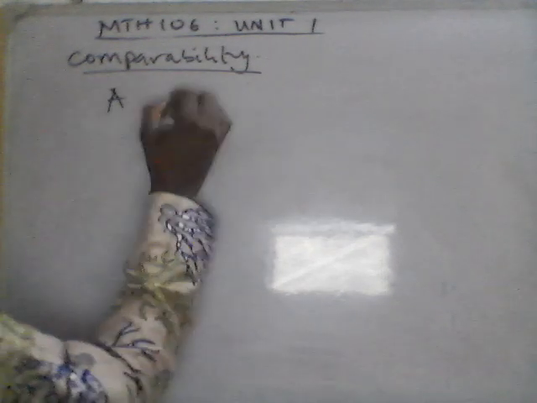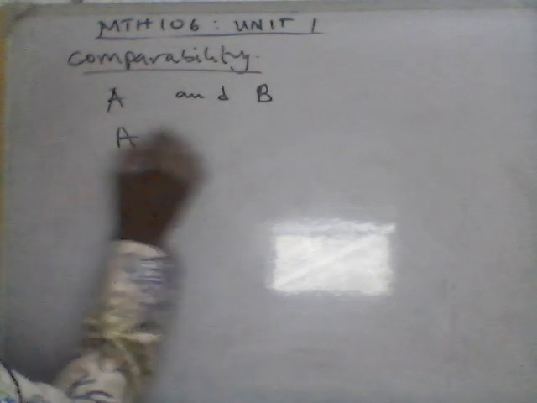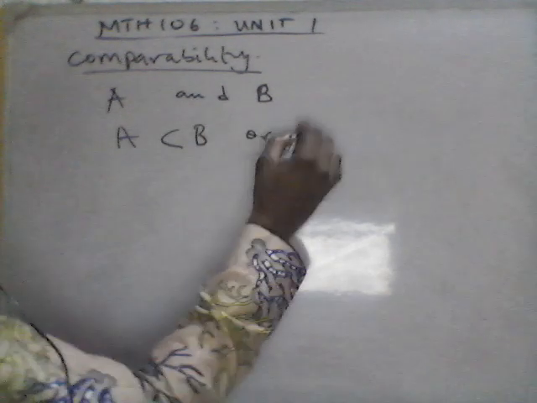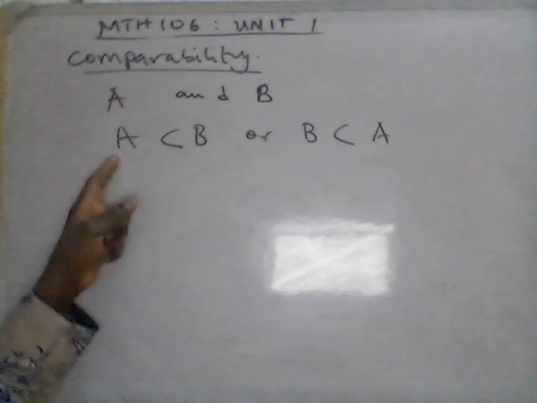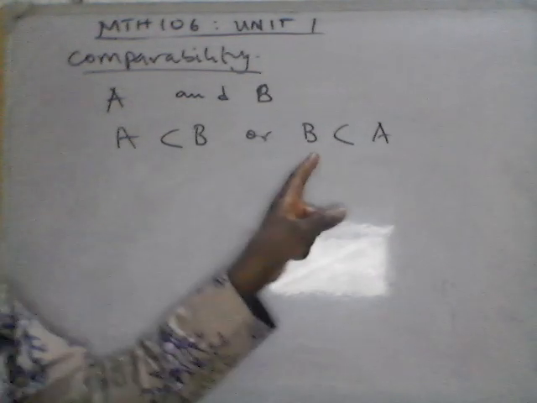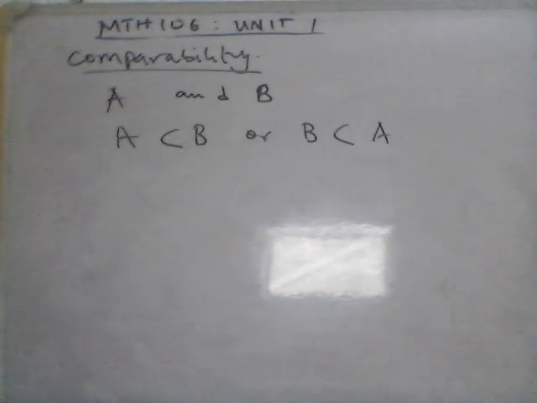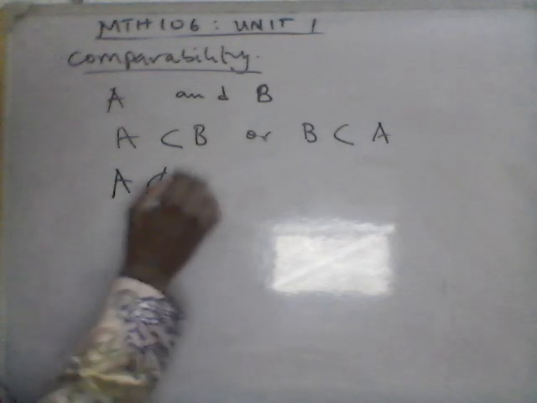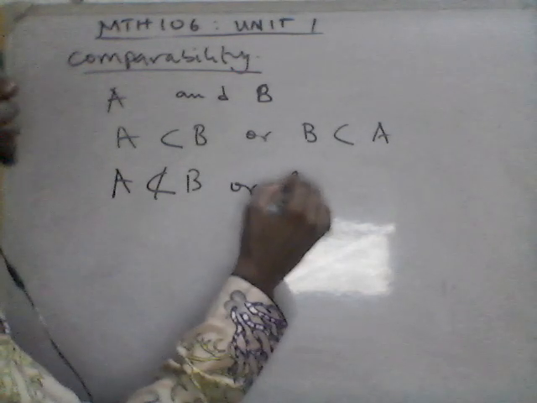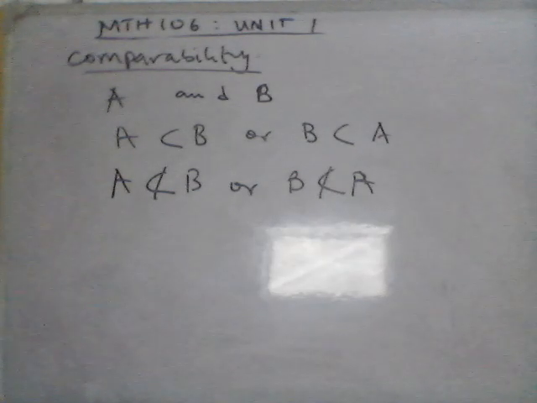Two sets A and B are said to be comparable if A is a subset of B or B is a subset of A. Understand? But if A is not a subset of B and B is not a subset of A, then they are not comparable.